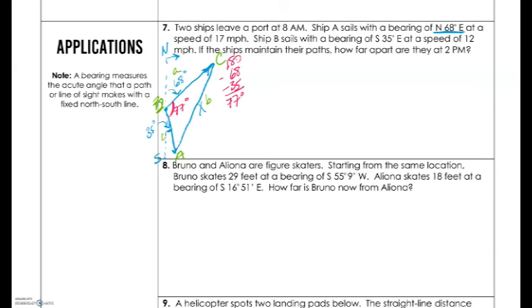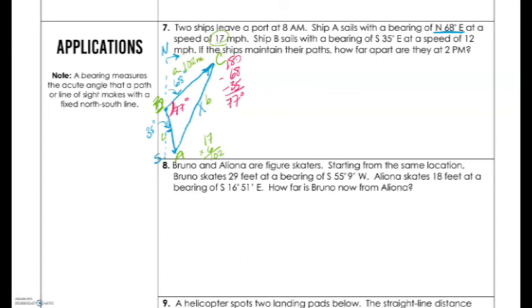Which, remember, they said they're going a certain speed in miles per hour, so we know how far they are at 6 hours, right? Because the first one is going 17 miles per hour, leaving at 8 a.m., getting to 2, that's 6. So I've got to do 17 times 6 to get my 102 miles right here.